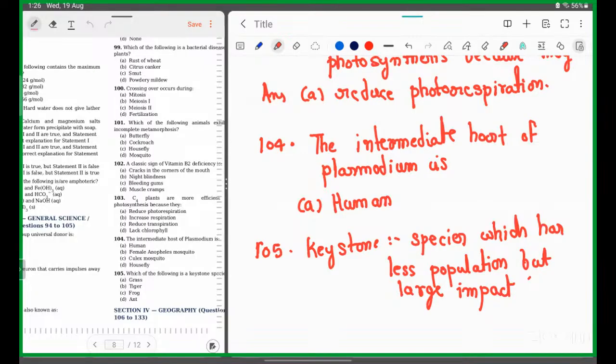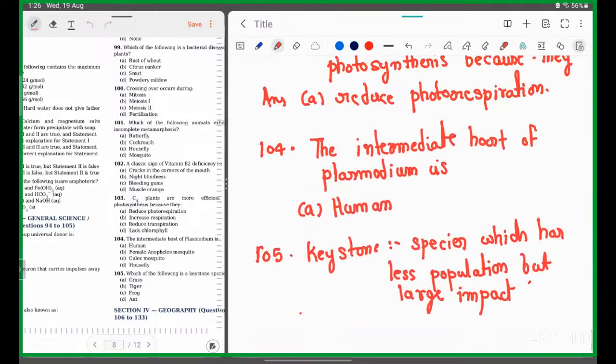Going by the options, we can see the tiger population is very less, but it helps control herbivore population to keep the forest and grassland balance stable. So the answer is B, tiger.